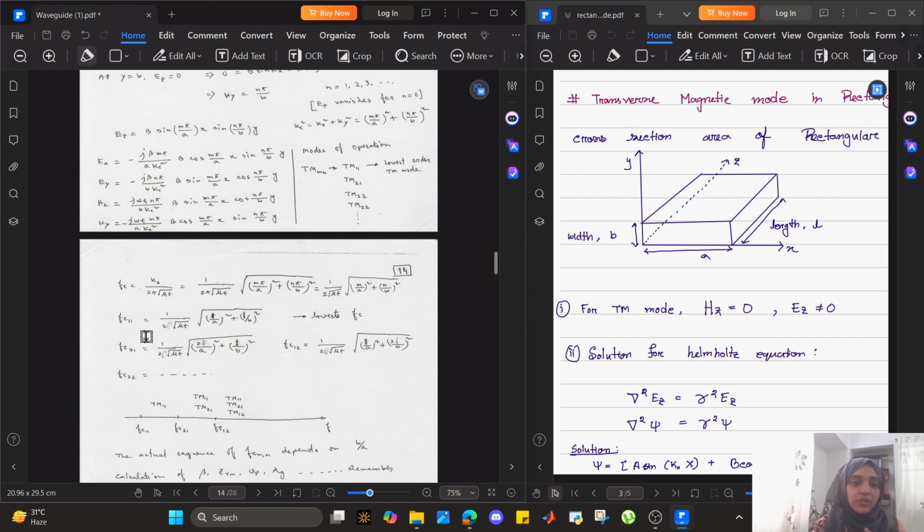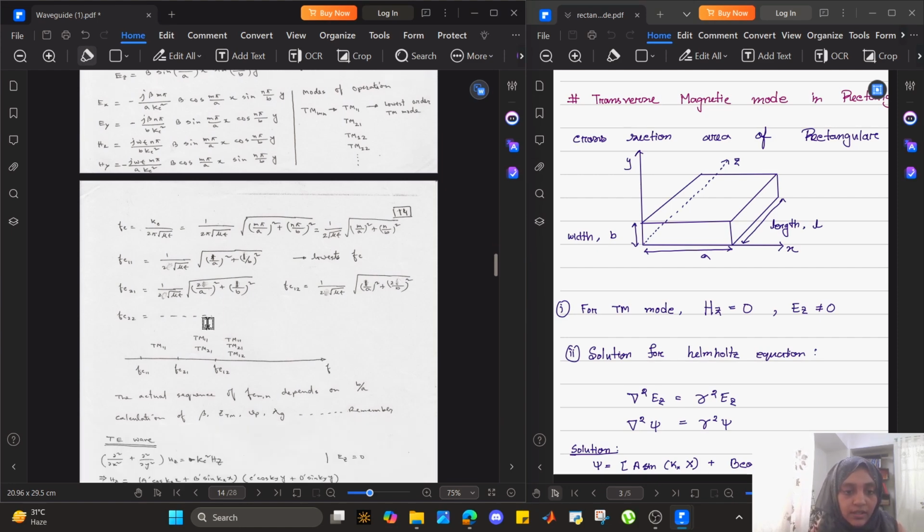But if we apply FC11, the lowest cutoff frequency for mode 1, that higher order mode will not operate. We cannot function in that mode.